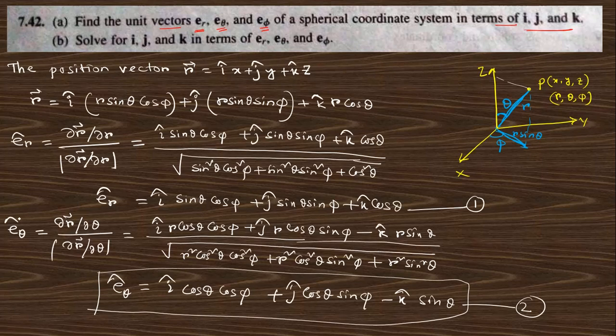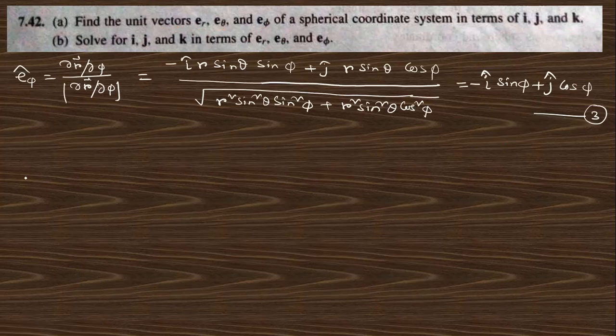For question number B, you need to represent I, J, K in terms of E r, E theta and E phi.